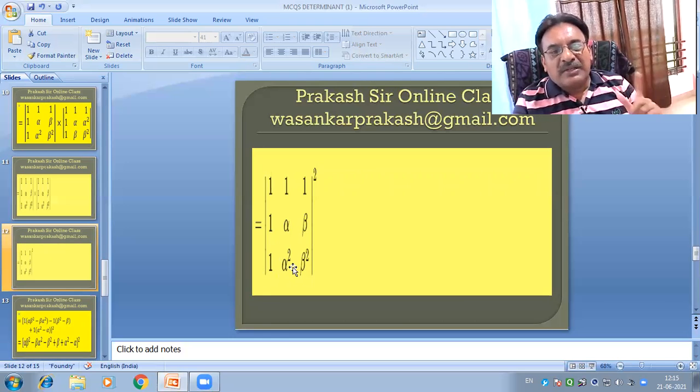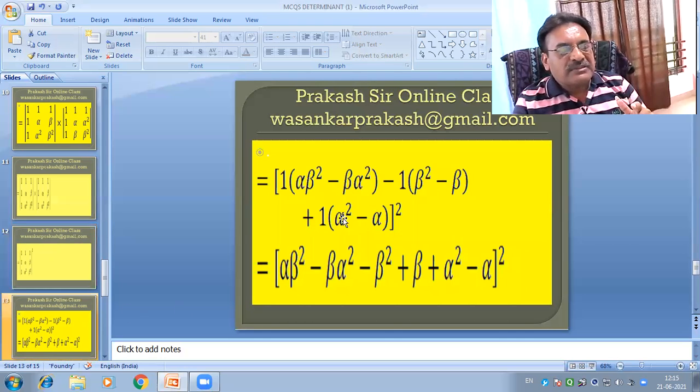So 1 plus 1 into (alpha square minus alpha) whole square, because the determinant is whole square. Which is equal to, then we solve this: (alpha beta square minus beta alpha square minus beta square plus beta), then plus 1 into (alpha square minus alpha) whole square.